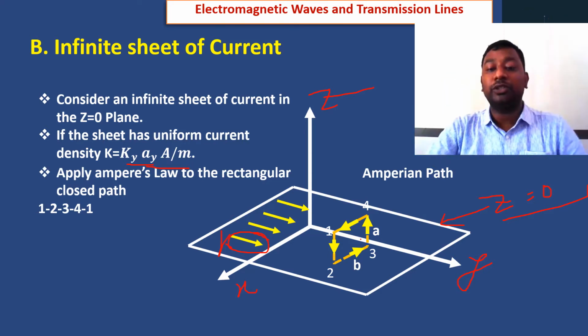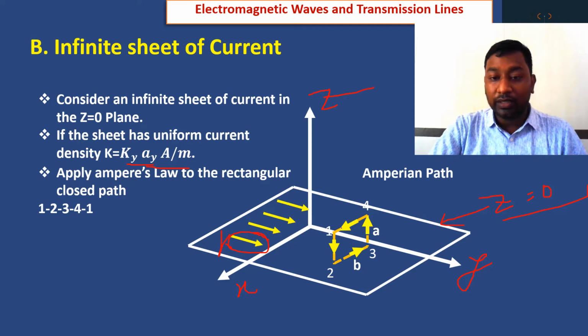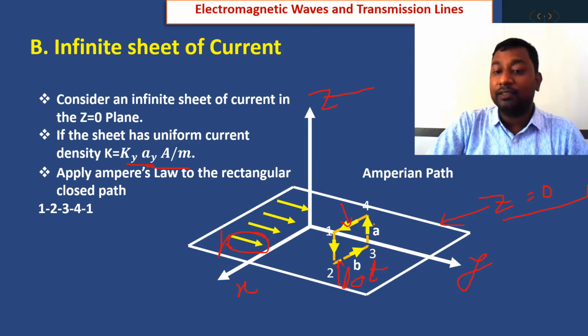The portion above we draw as a solid line, but the portion below the sheet we draw as a dotted line. So that is the Amperean path we are considering, 1, 2, 3, 4, 1, a closed path.